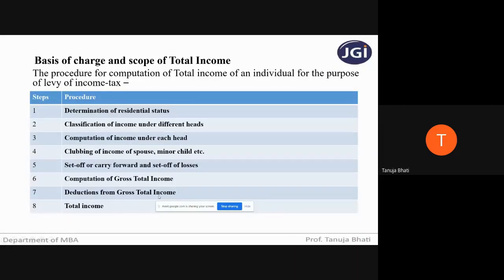These deductions are specified under sections 80C to 80U. What are the deductions available? In detail, there is a separate module for this. So just remember, deductions are given from gross total income if certain criteria are met which are specified under sections 80C to 80U individually, which we will be seeing in the succeeding modules.